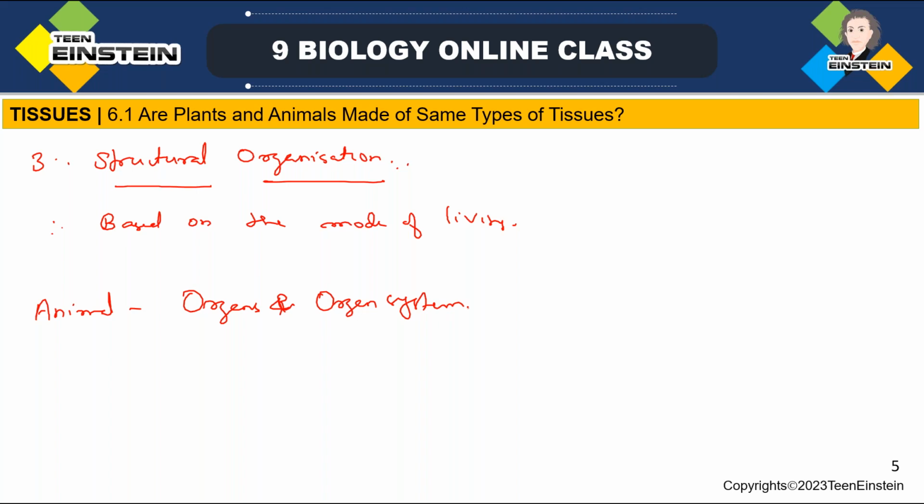because a multicellular organism has a very complex body structure. In most organisms you can see complex body structure, so one cell cannot perform and fulfill the need of that body. So they will form many groups of cells for a particular function.